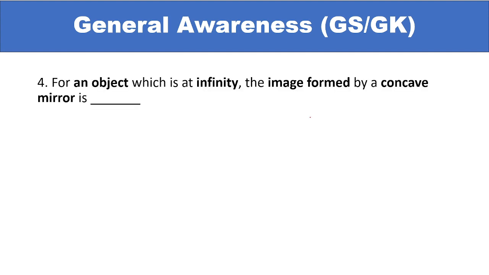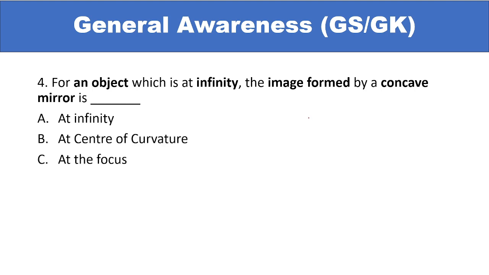Next. For an object which is at infinity, the image formed by a concave mirror is, and the options are at infinity, at center of curvature, at the focus, beyond the center of curvature.